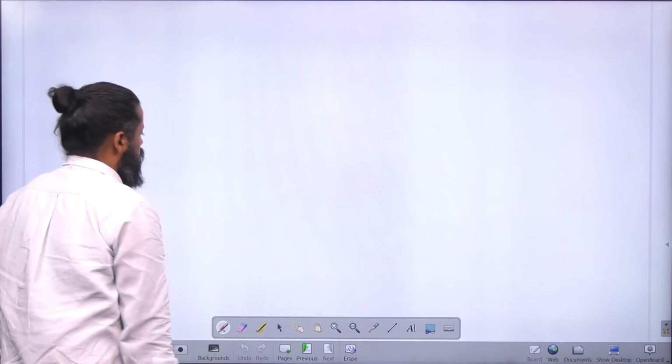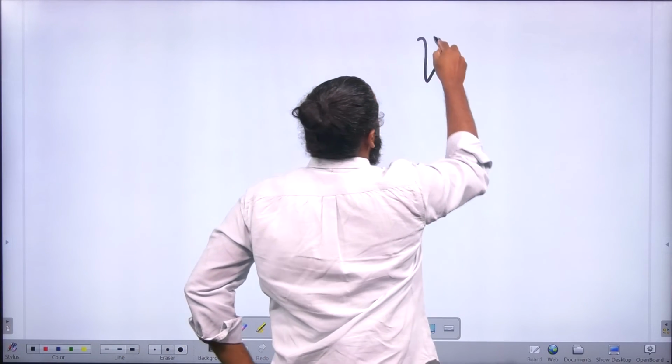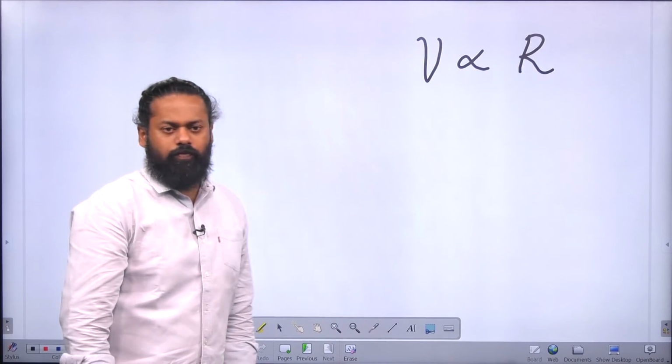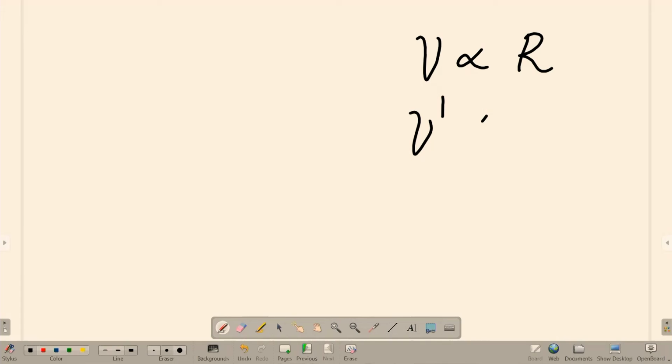So now let us go to the problem. Initial velocity v is proportional to r on the surface of Earth. Then v dash is proportional to 4 times the radius.